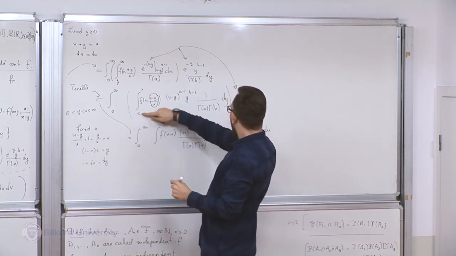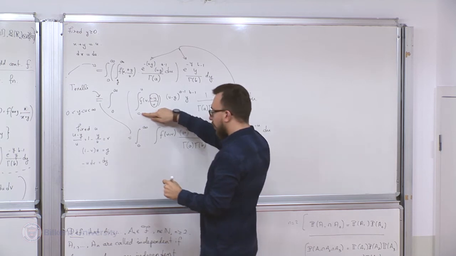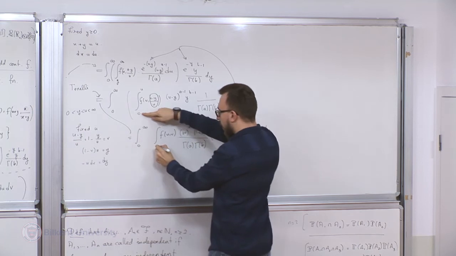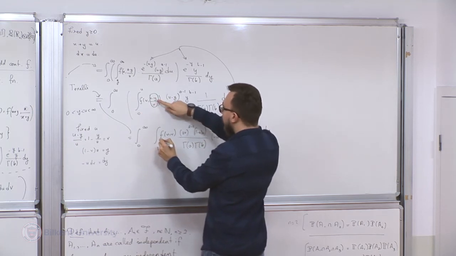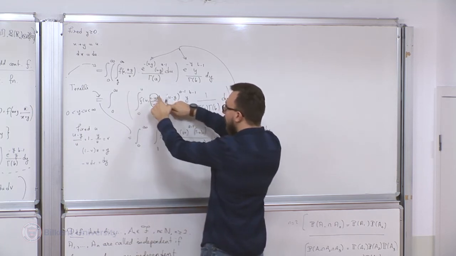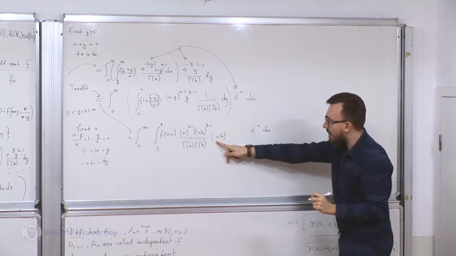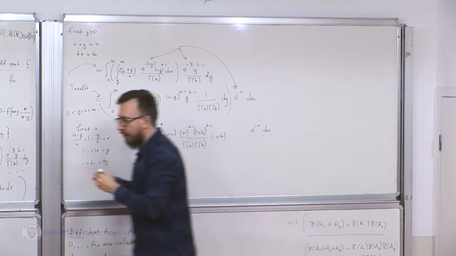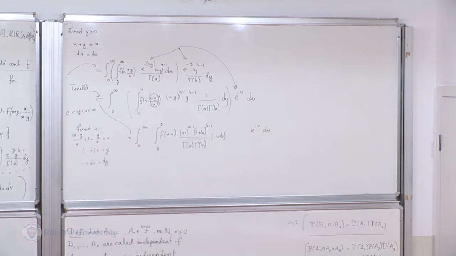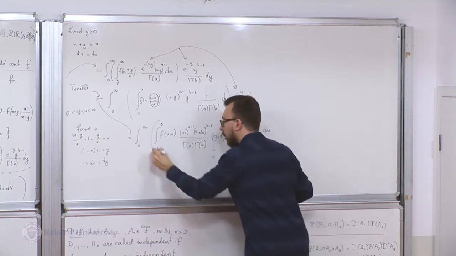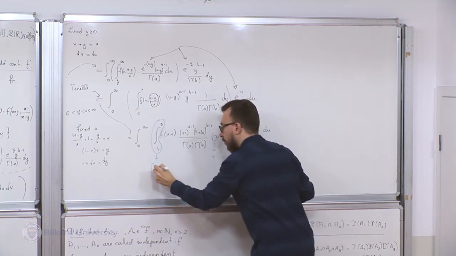The lower value for y is 0. So when y is 0, v is 1. When y is u, this is 0. So this is 1 to 0, and I have a minus. So let me just rewrite that as plus, 0 to 1, okay?